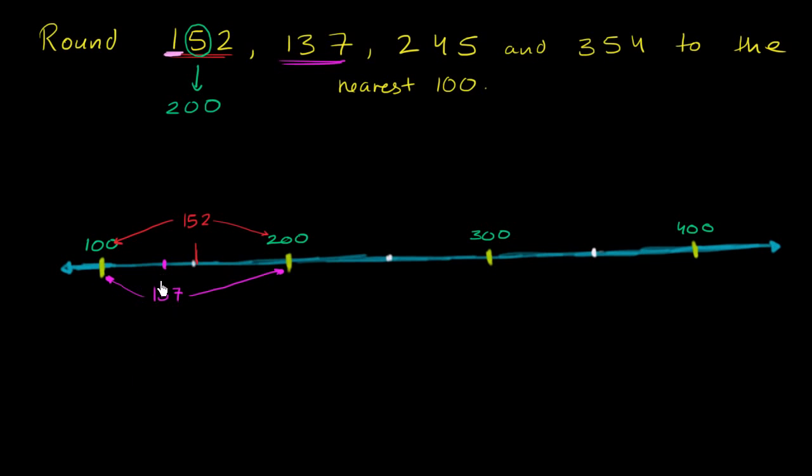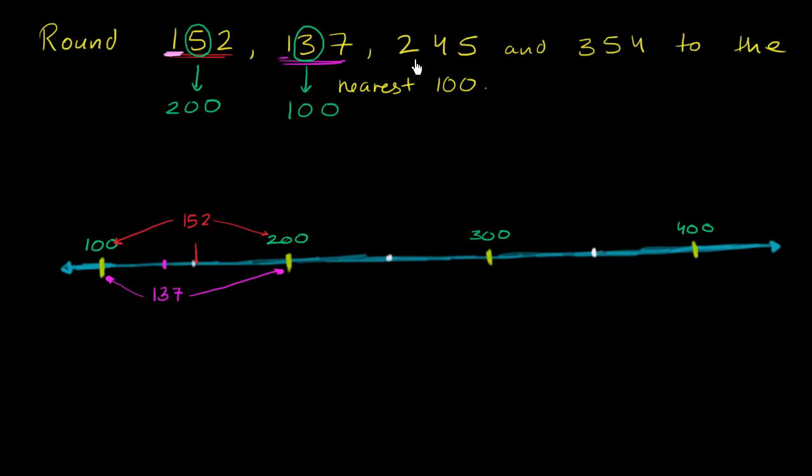Just looking at it, 137 is clearly closer to 100, or we could apply our rule. If we're rounding to the nearest 100, we look at the tens place. If this is 5 or larger, we round up. If it's less than 5, we round down. So in this case, we would round down to 100.